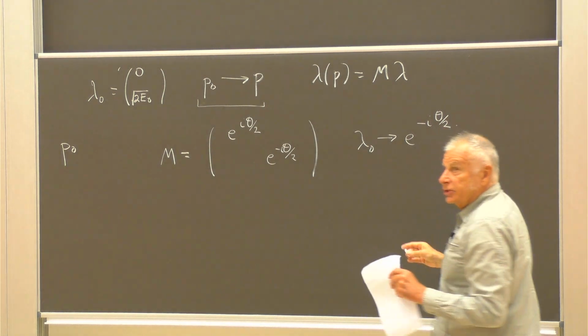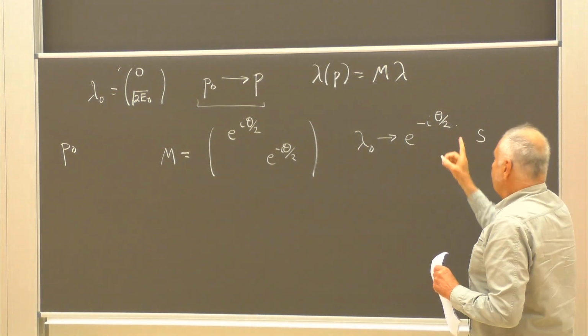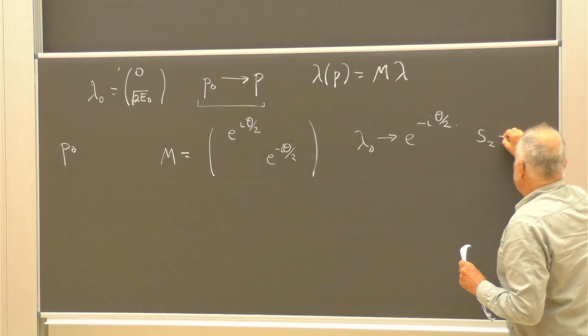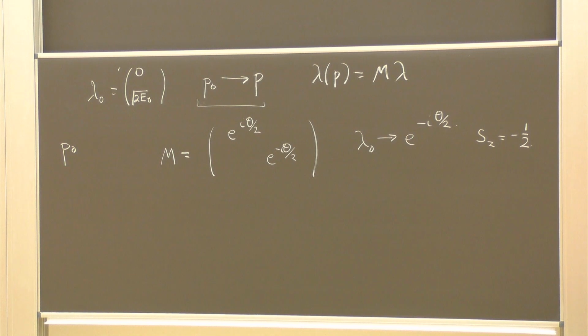So that means that this momentum spinor represents a particle with spin equal to -1/2. Yes? All right?